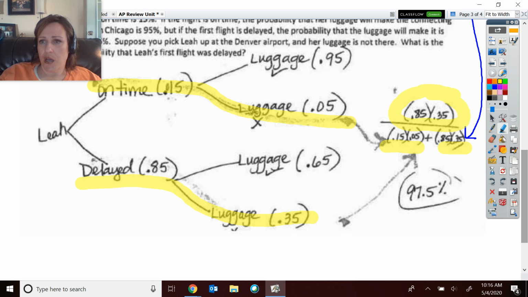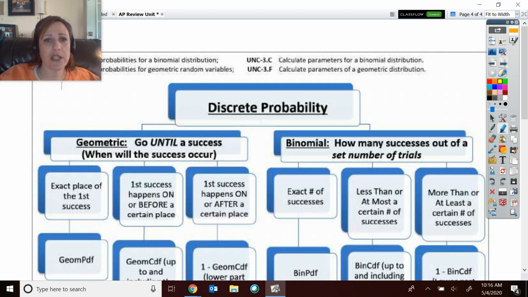Okay? All right. Now, here let's talk about this geometric and binomial stuff. Okay? And this you can just refer back to as you're doing problems. Unfortunately, so much of probability is just practice, practice, practice. I can't write out all of the different wordings that you will encounter. Therefore, I just have this thinking map, this diagram of all these different things you could encounter, but then you have got to practice.